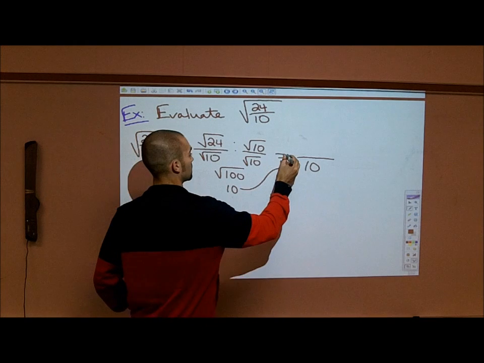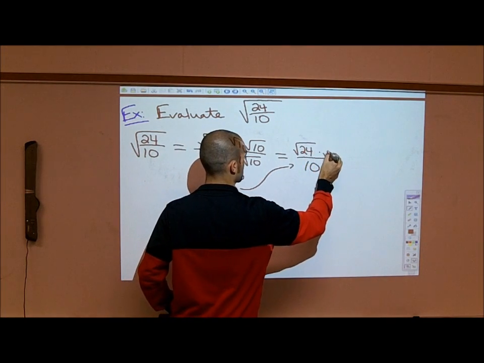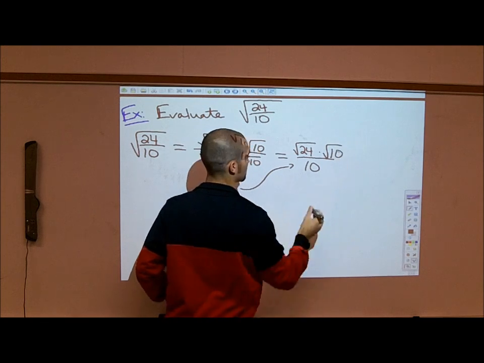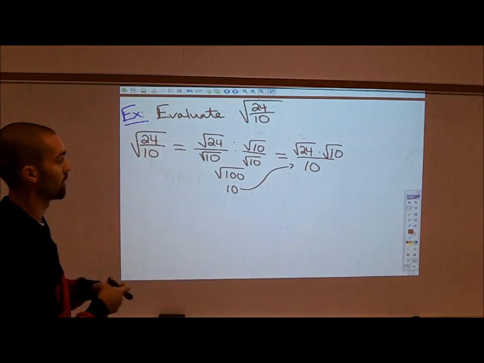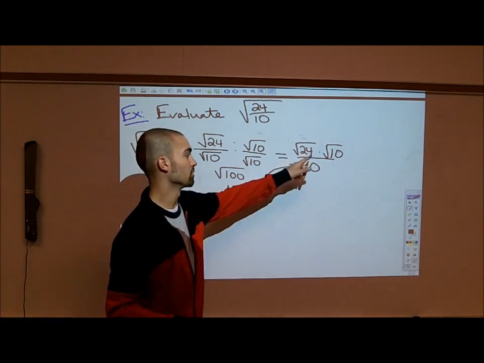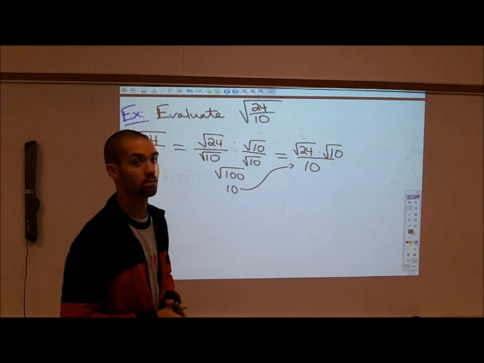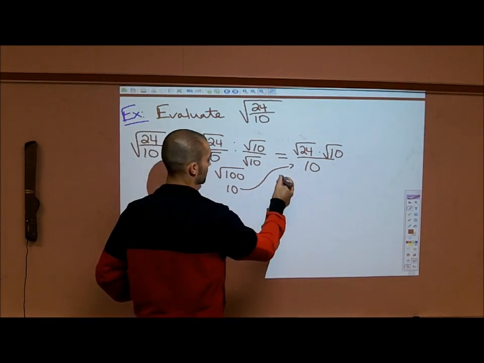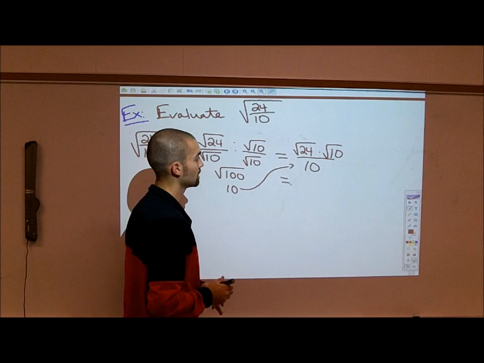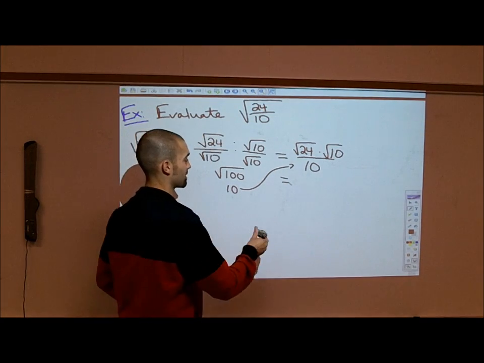And then up top here, we have the square root of 24 times the square root of 10. Well, this just goes back to the product property of radicals. First, we look to simplify. Is 24 a perfect square? No. Can it be broken down by a perfect square? You bet. Is 10 a perfect square? No. Can it be broken down by a perfect square? No. So that's why 10 has to stay for now.